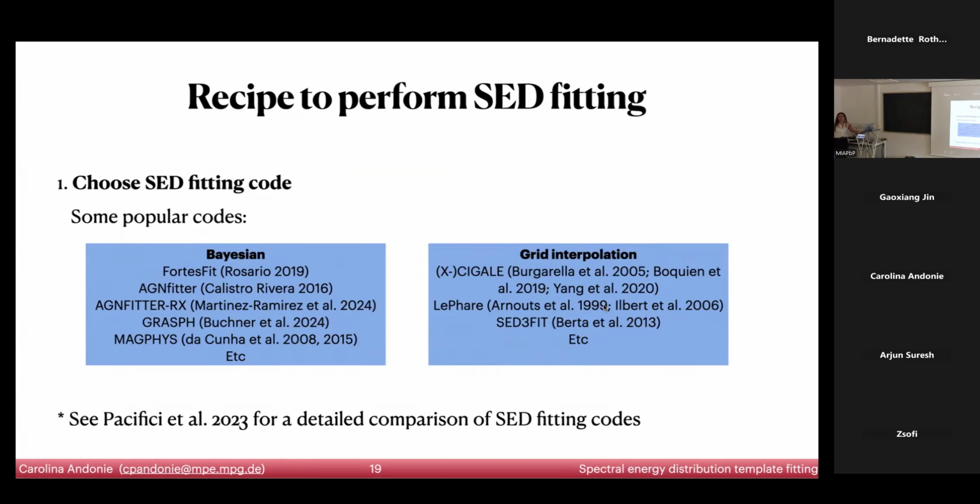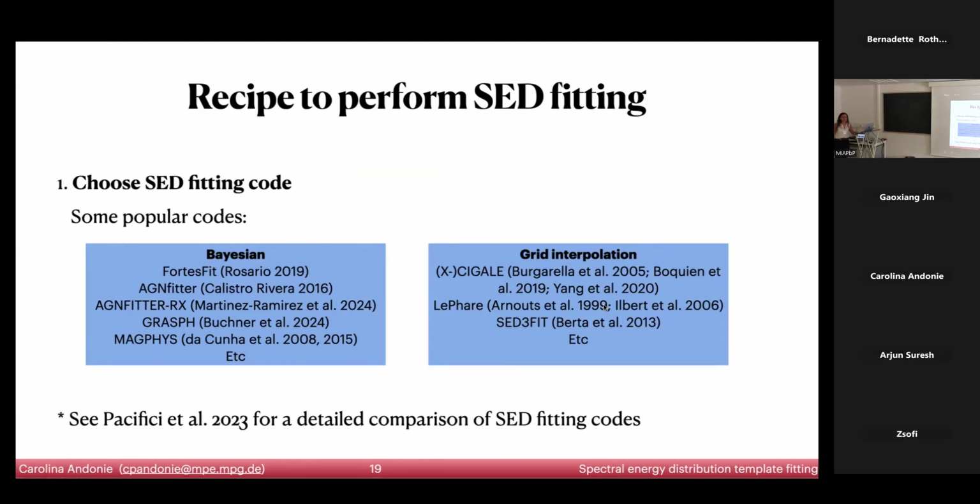And how many sources you have. If you're analyzing one source in the local universe and you have 40 photometric points, yeah, you might want to model your source with a very complex model, many free parameters, maybe a Bayesian SED fitting code, etc.